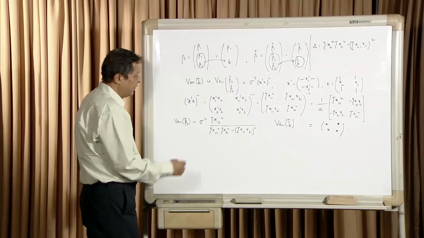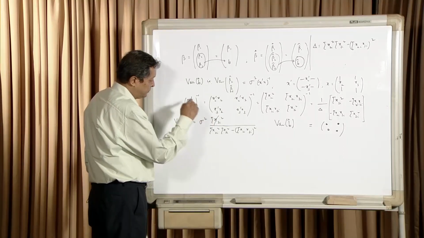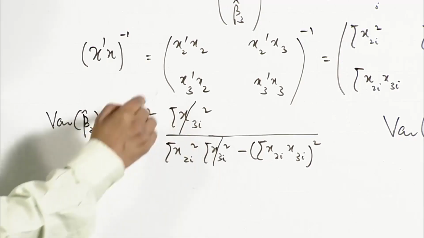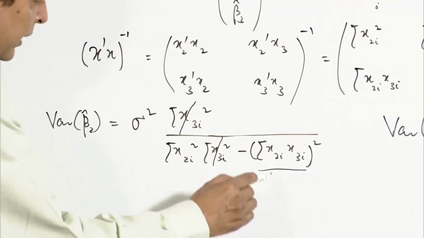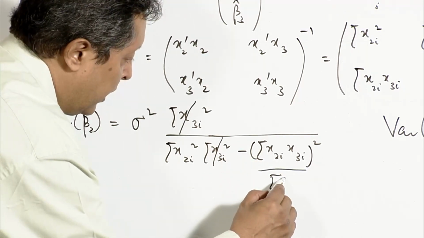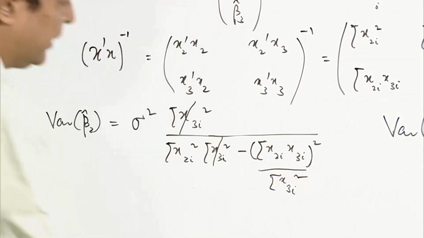It is easy to see that this x3i term and this x3i term get cancelled, and if you divide by summation x3i square, you get this result.